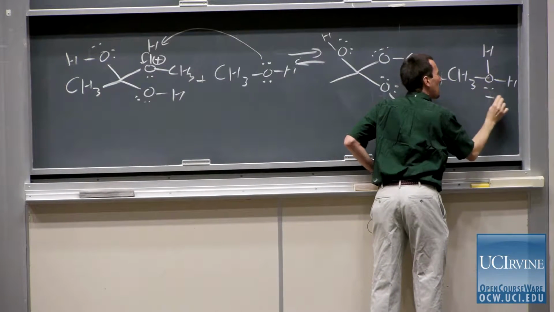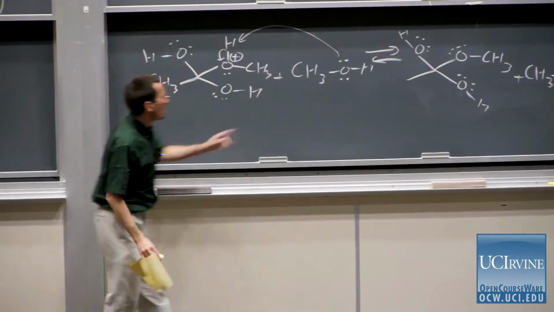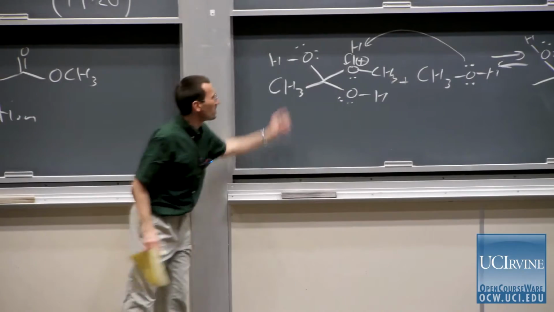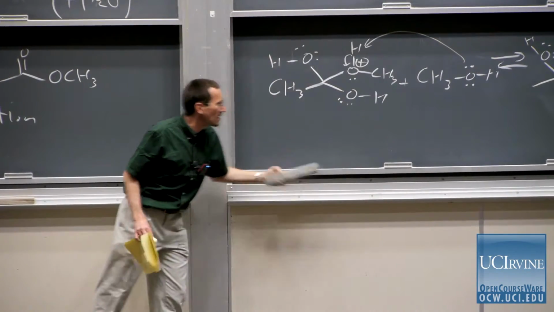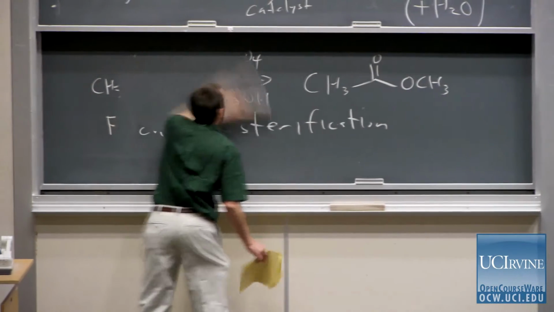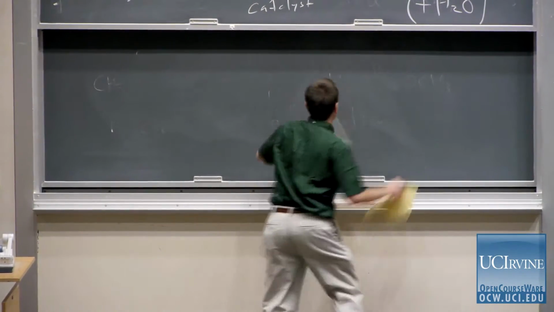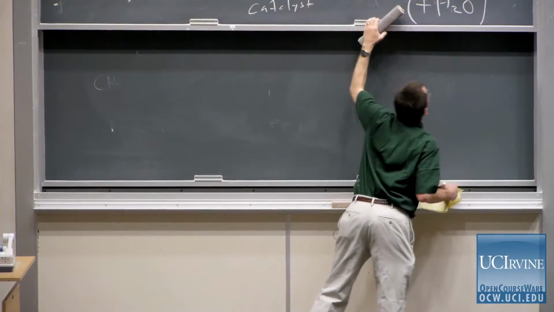Doesn't matter which side I write the proton on, which side I write the lone pair of electrons on. I'm representing a tetrahedral oxygen atom, an oxygen atom with 4 substituents equally disposed about it. I guess you'd call it trigonal pyramidal for the geometry of the oxygen.